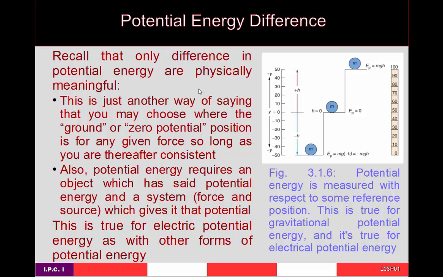Instead, what really matters is potential difference, or difference in gravitational potential energy. So how do we get an actual value at some point for the potential energy? Well, we begin by saying there is some point at which the potential energy is zero, and we define that point. Then we can find what the potential energy is with respect to that point.